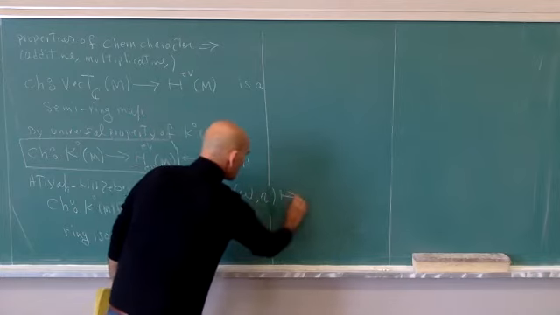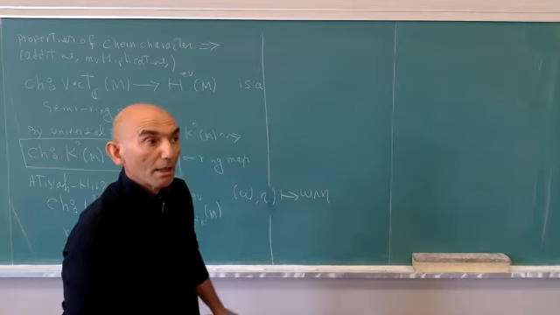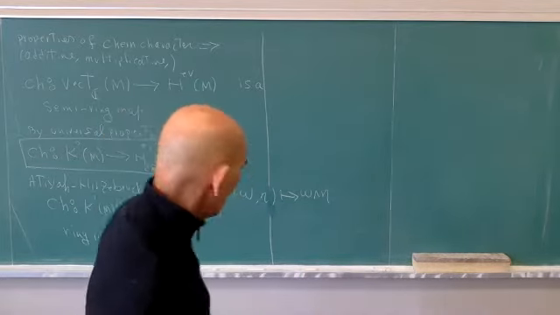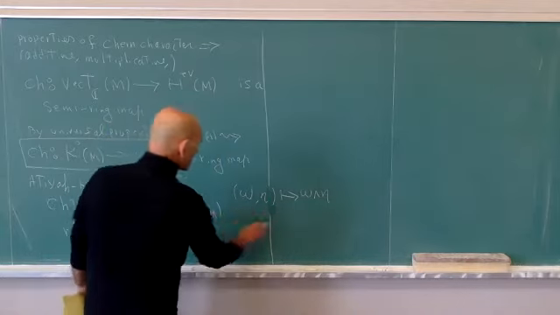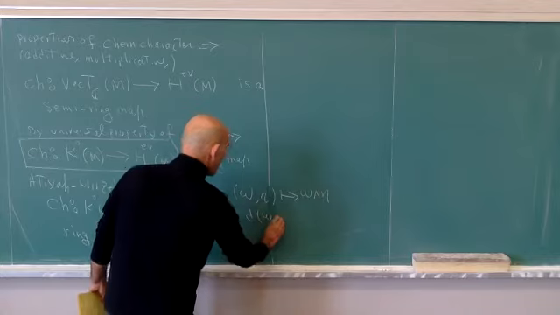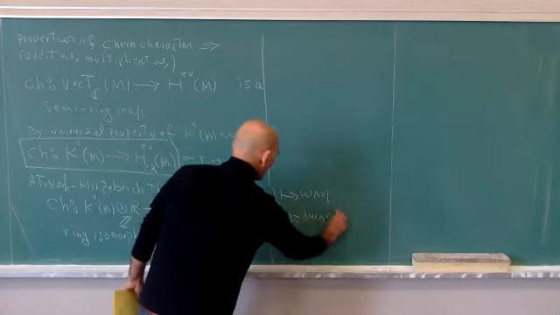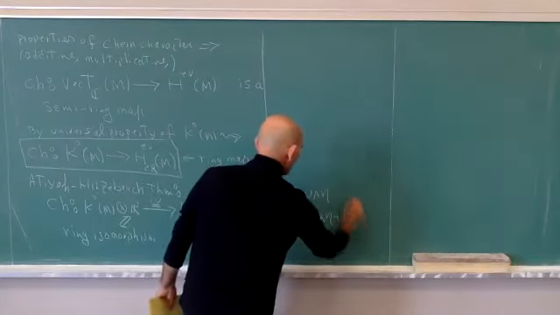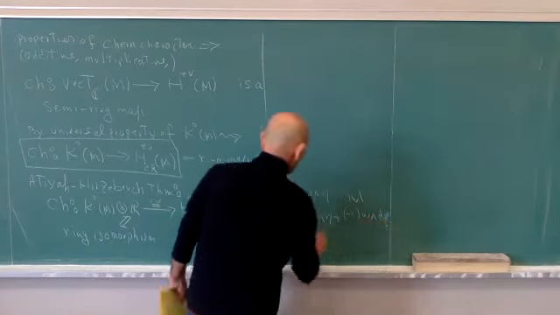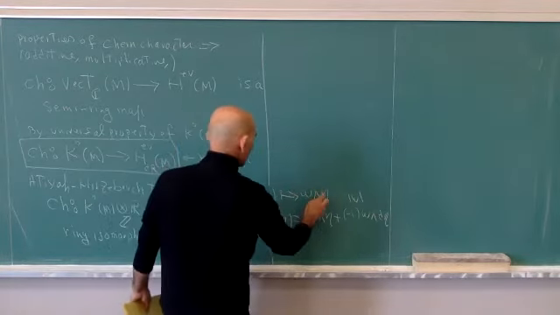I guess you also need to check that it's well defined, because you are taking a class of forms. Yes, but this is Leibniz, right? d of omega wedge eta is equal to d omega wedge eta plus minus 1 to the degree of omega, omega wedge d eta. This shows that indeed this is well defined.